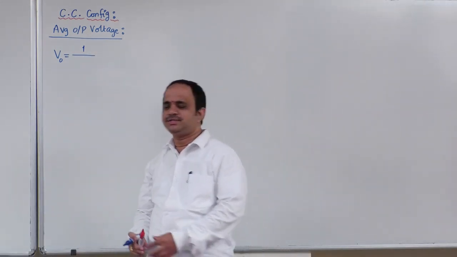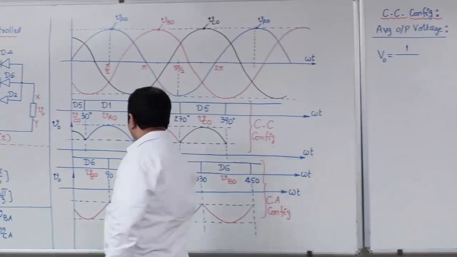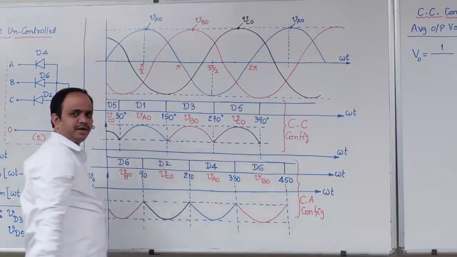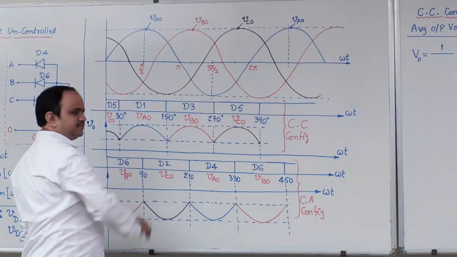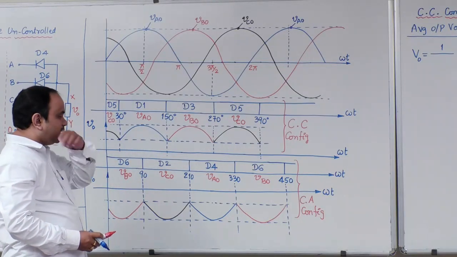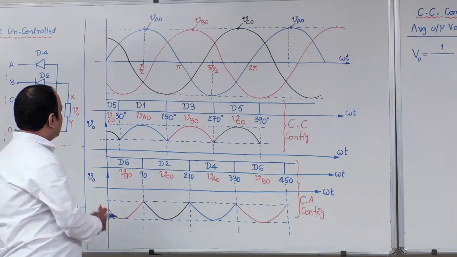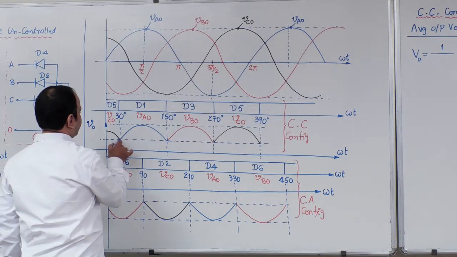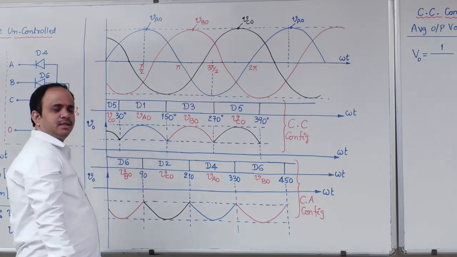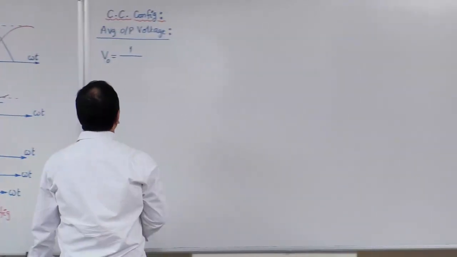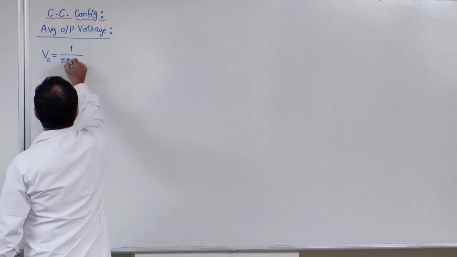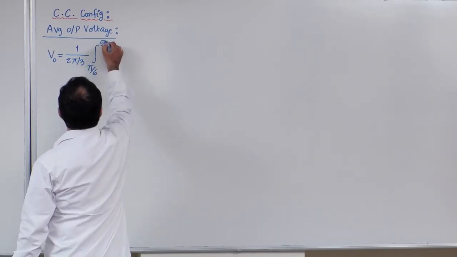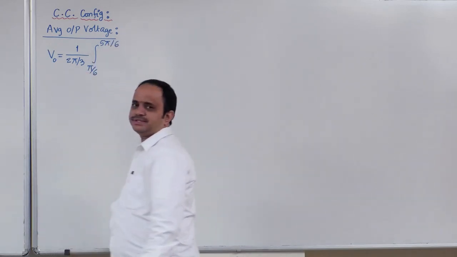If you look into this waveform, the periodicity of these repeated pulses is 120 degree. Therefore, in the denominator you should take 2 pi by 3. What are the limits for this particular blue color pulse? That is from 30 degree to 150 degree. Therefore, we can write 1 by 2 pi by 3 integration, limits pi by 6 to 5 pi by 6.